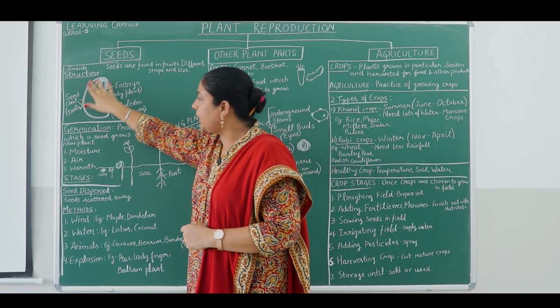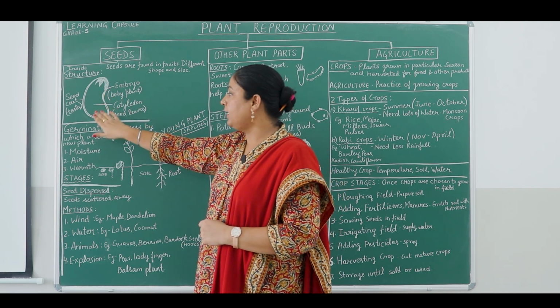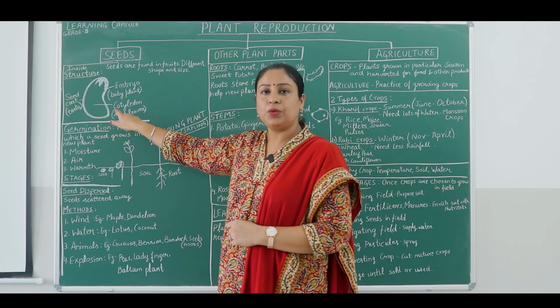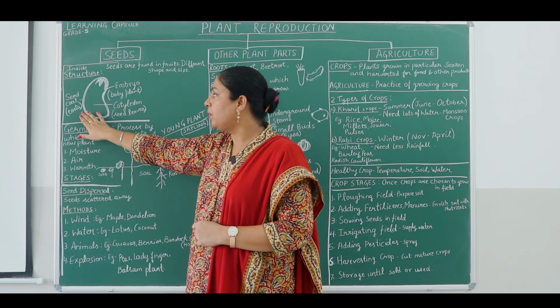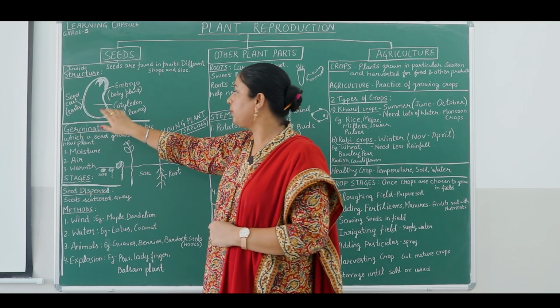This is the inside structure of a seed. It consists of one outer covering, which is known as the seed coat. The seed coat protects the inside part of the plant.